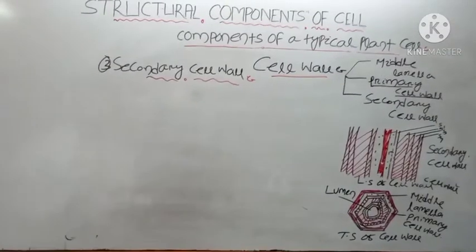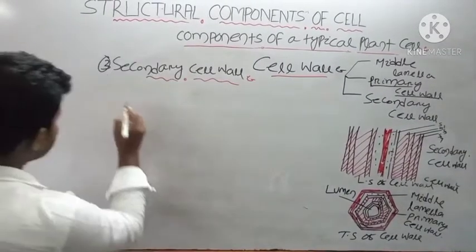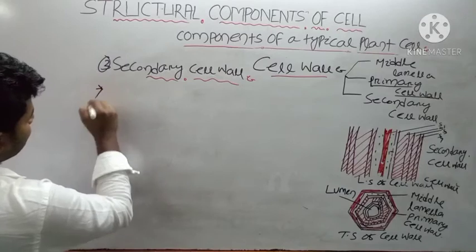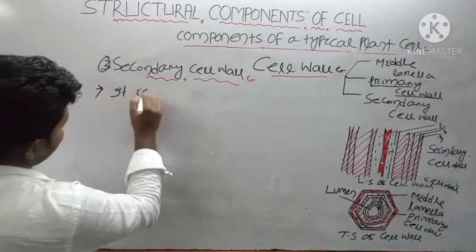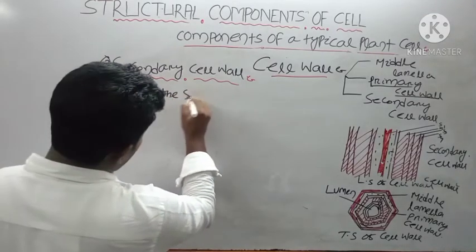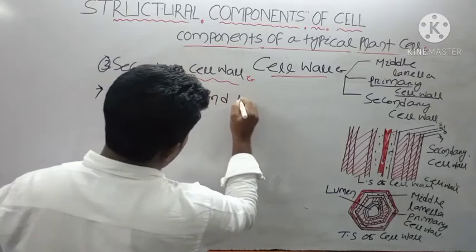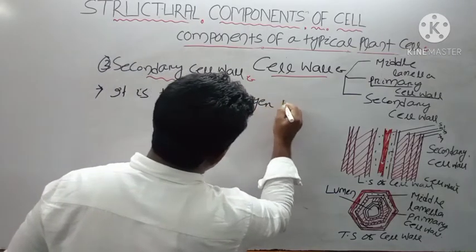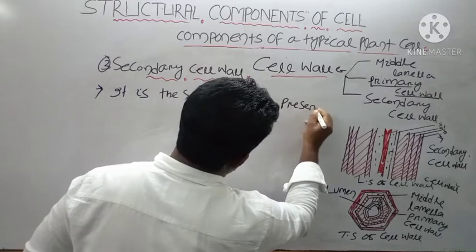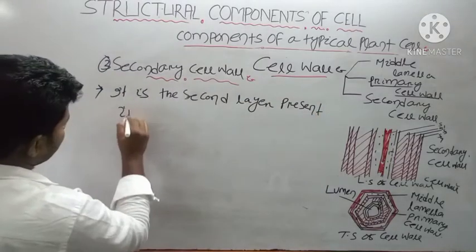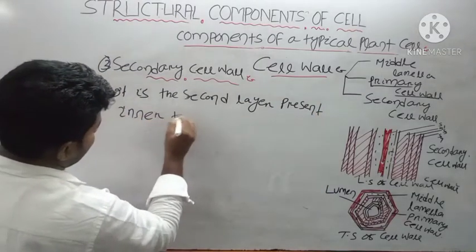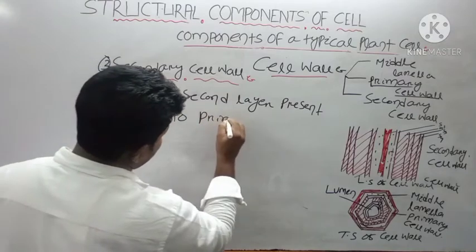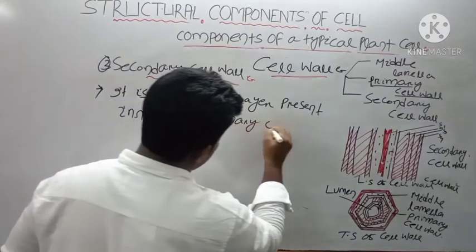Okay, next one is your secondary cell wall. Okay, secondary cell wall. It is the second layer, present inner to the primary cell wall.